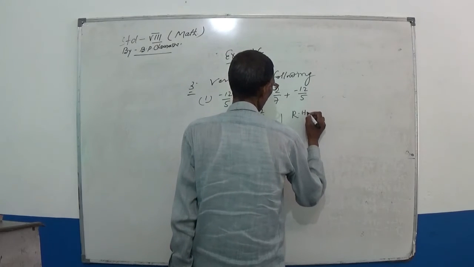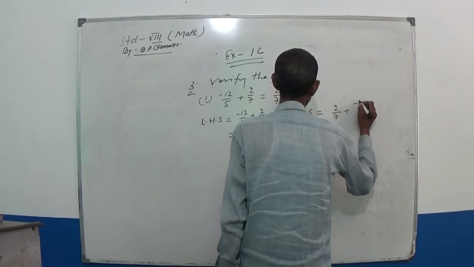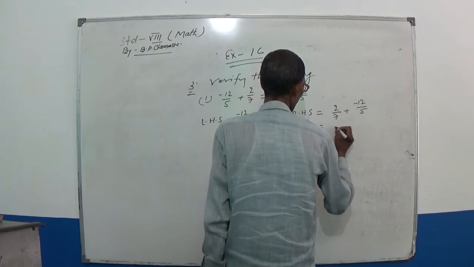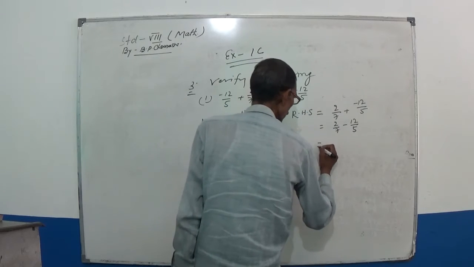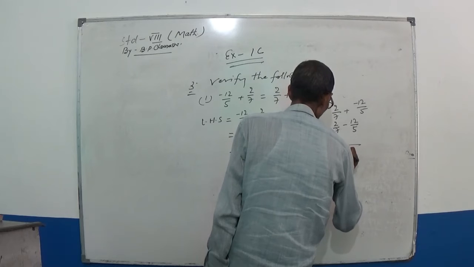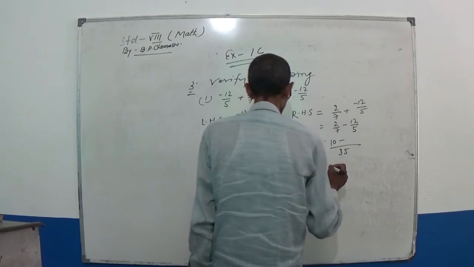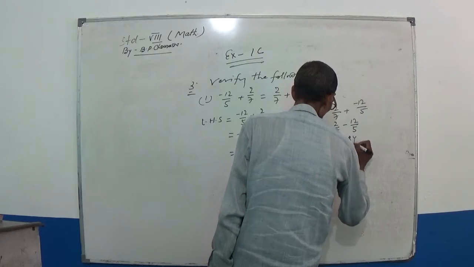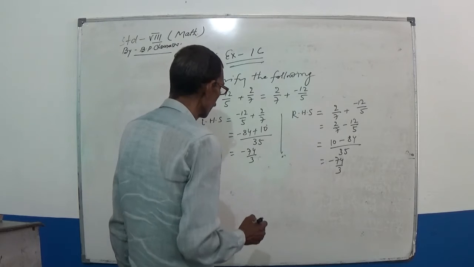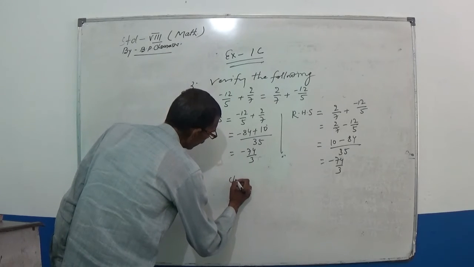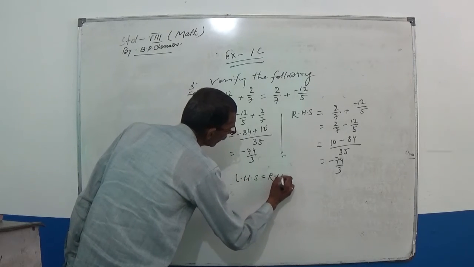And RHS is 2 by 7 plus minus 12 by 5. Here also the LCM is 35, so 10 minus 84 gives minus 74 by 35. Clearly, LHS is equal to RHS.